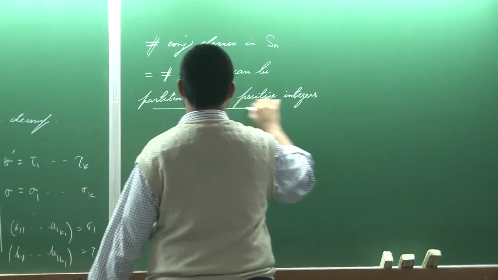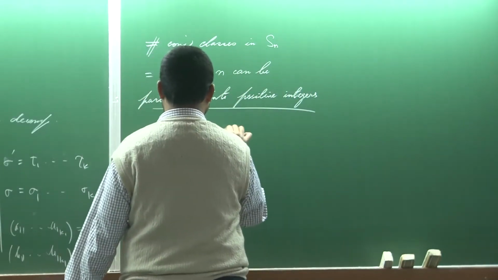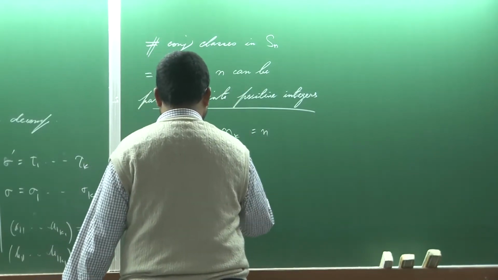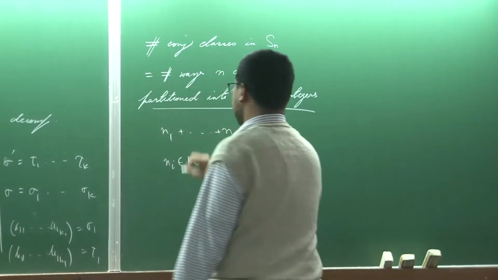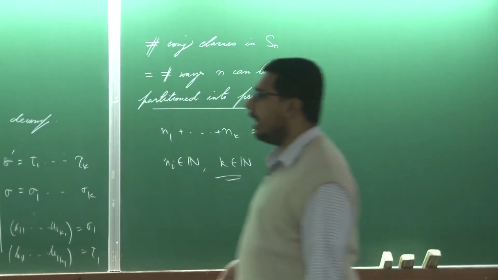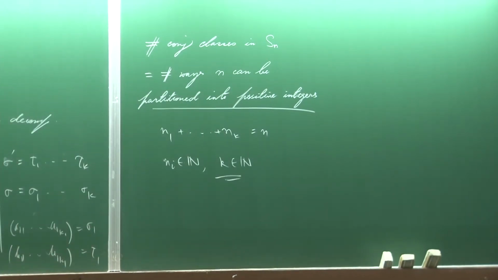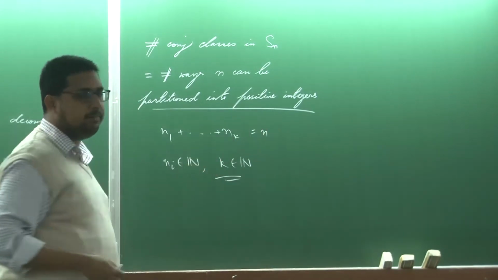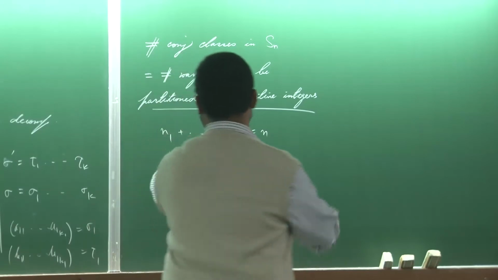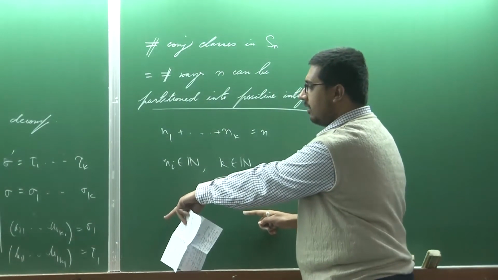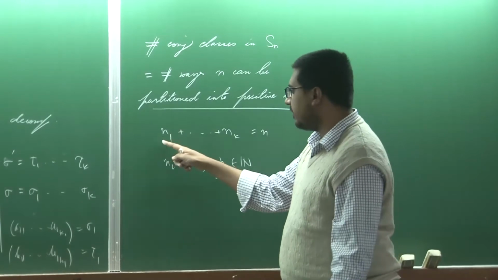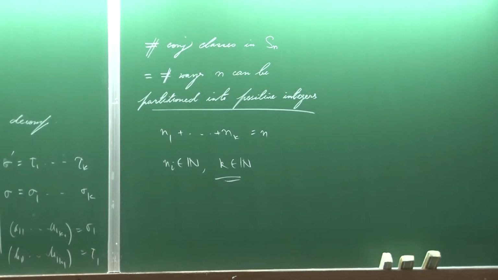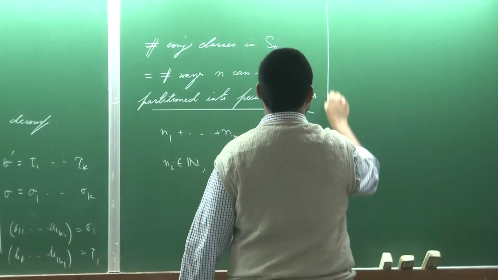By this I mean the number of ways one can write n equal to n1 plus up to nk, where each ni is a positive integer and k is also a positive integer, not necessarily fixed. Each such partition uniquely determines a conjugacy class where the cycle type is precisely given by these ni's. So this gives us the conjugacy classes in Sn.